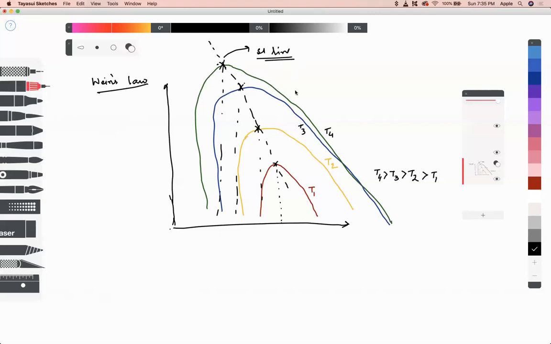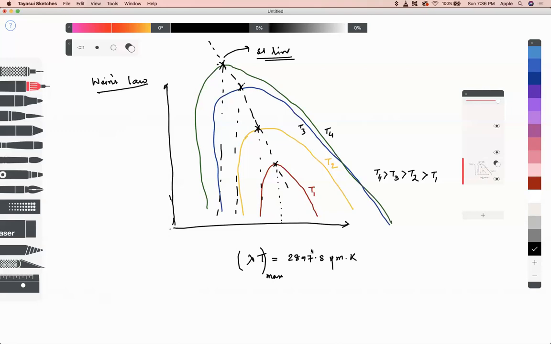Wien's displacement law essentially finds the equation of the straight line, which is lambda into T, we can call it max, only for the maximum radiation scenario, equals 2897.8 micrometer Kelvin.